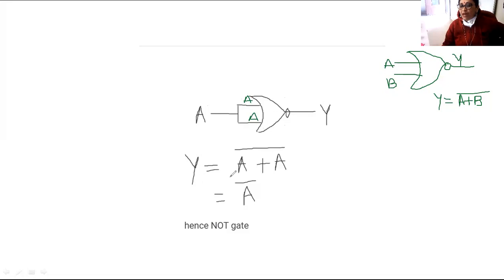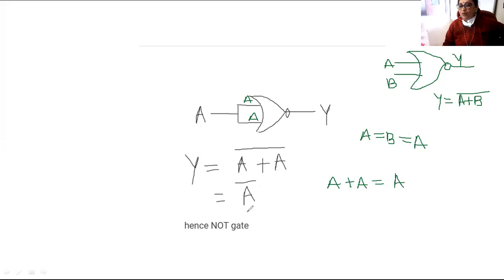So what will be Y? Y will be A plus A whole bar, because here A is equal to B is equal to A. And what is A plus A? A plus A is nothing but A always.